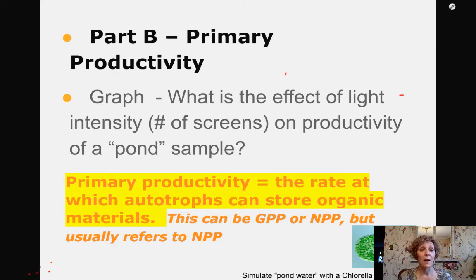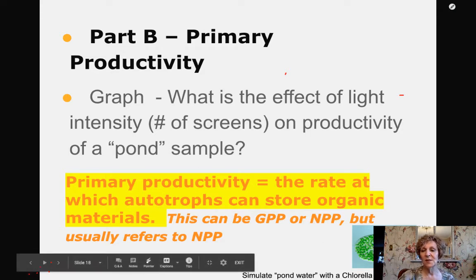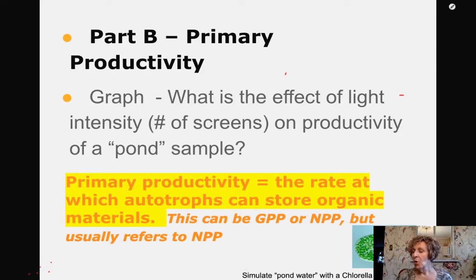It's going to be chlorella algae. And we're going to take some samples with our sample bottles of our pond water, which has algae in it. So they're going to be nice and green, and I will have put them under the lights to get them to be photosynthesizing. The way that we are going to change the light intensity is we're going to put a series of screens to make less light available through here.